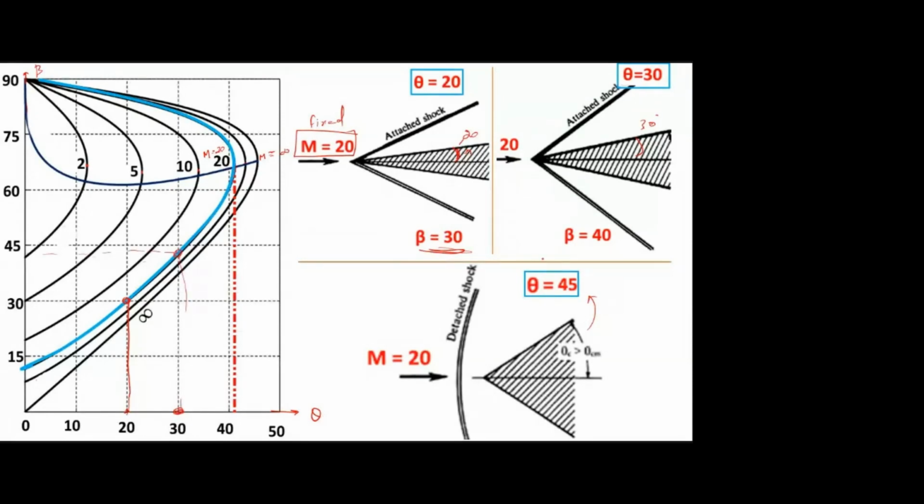The corresponding beta is 42 something, here they have mentioned 40. So I am getting a different beta. Now further I increase theta to 40, and for 40 I get somewhat 60. Finally I increase theta to 45, somewhere here.